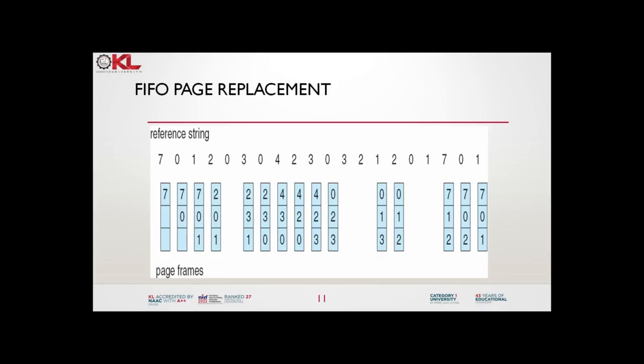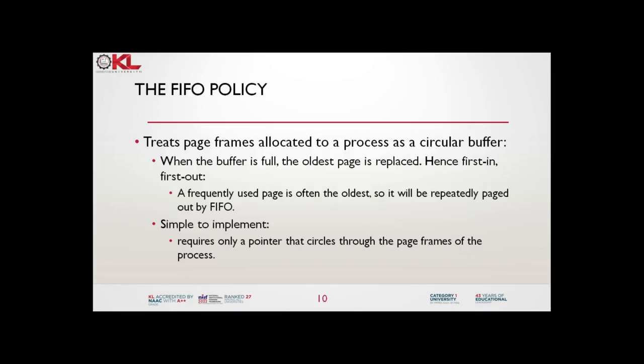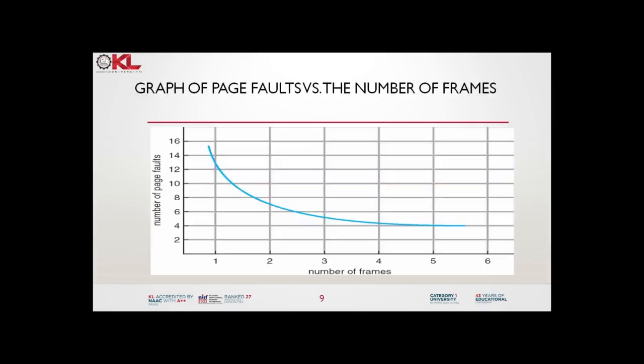Okay, so what did we understand from this? The more page faults an algorithm produces, the worse it is. The fewer page faults an algorithm produces is considered the best.